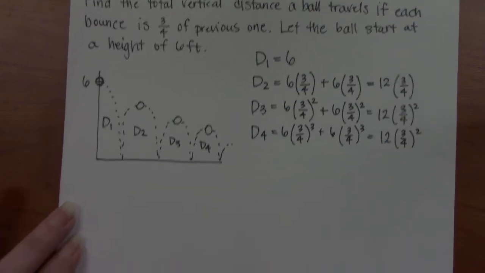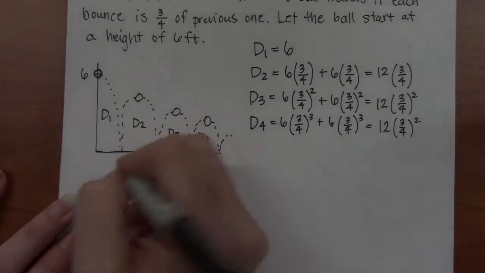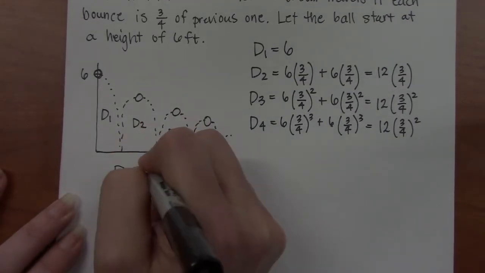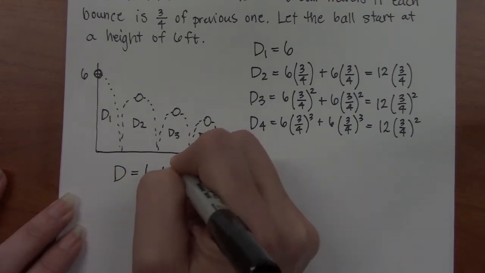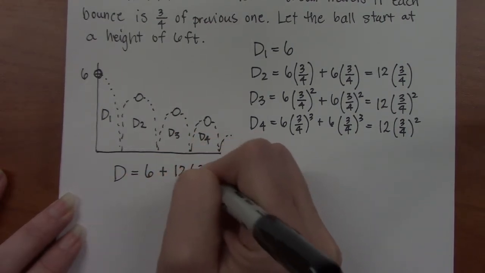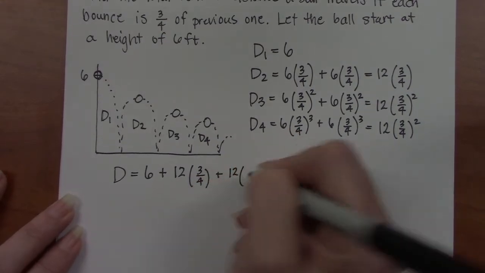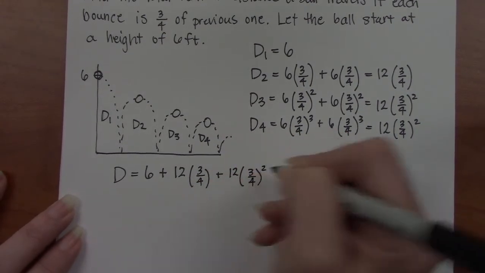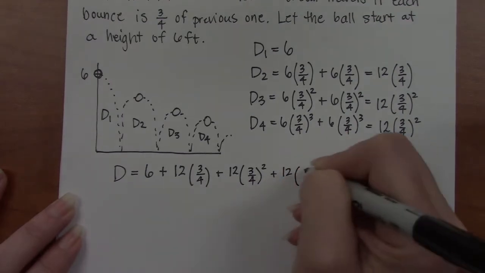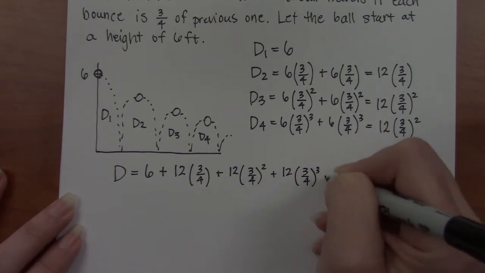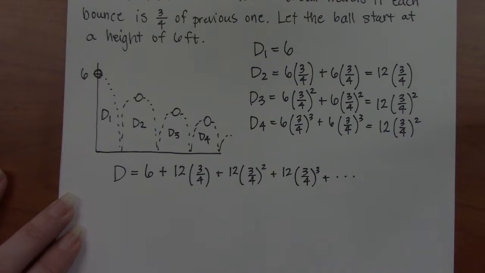So the total distance D that the ball is going to travel is we need to sum this stuff up. So we're going to get 6 plus 12 times 3/4 plus 12 times 3/4 squared plus 12 times 3/4 cubed, right? And this will go on till infinity if we want it to. So the 6 violates the pattern that we've established.